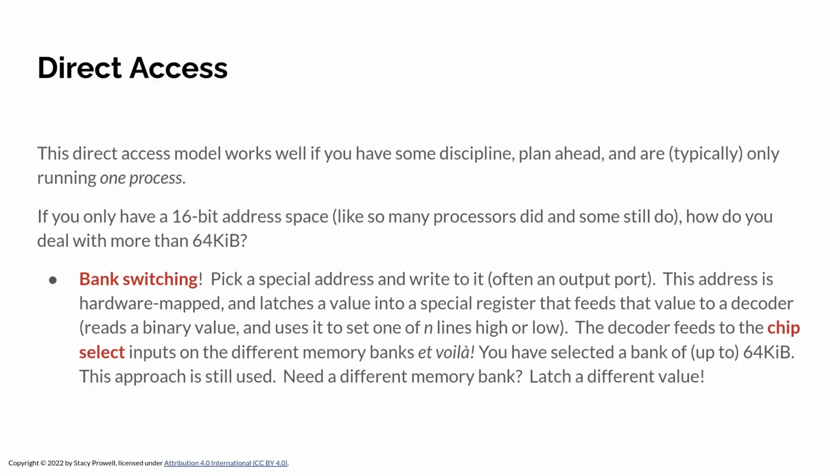let's pick one, location 4, address 4, actually points to a register that holds a byte, and it selects one of 256 other banks. Okay? Each one of those banks has, let's say, 32K associated with it. That's 128 times 32K.